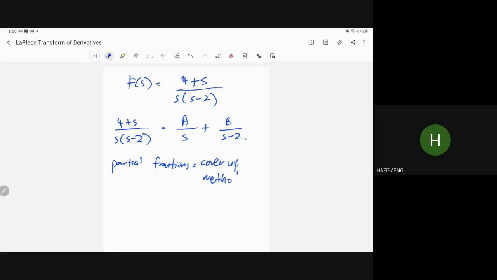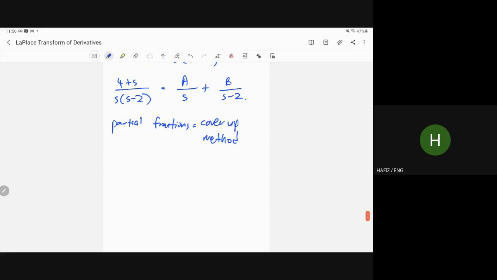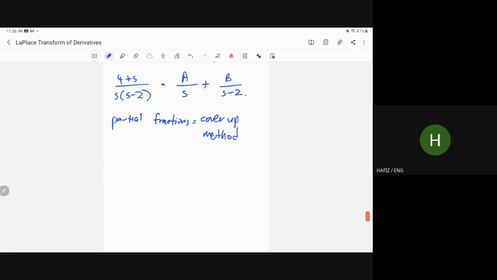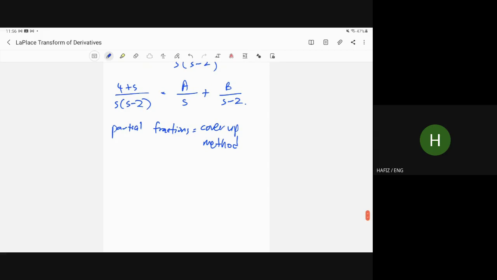Okay, you can look this up. It will make your life easier, especially for the more difficult partial fractions.